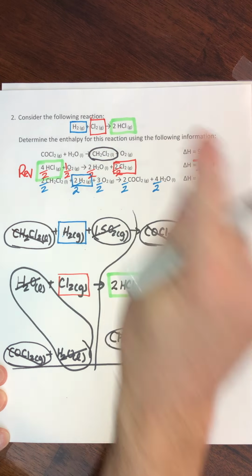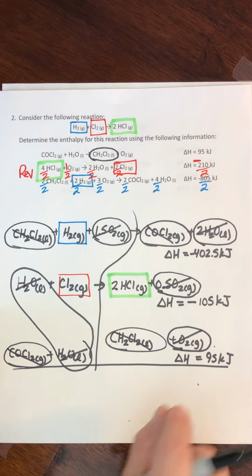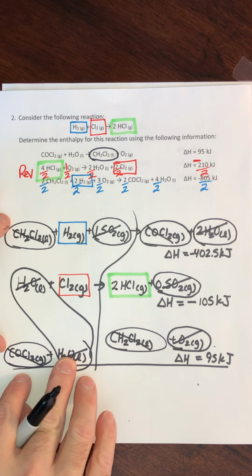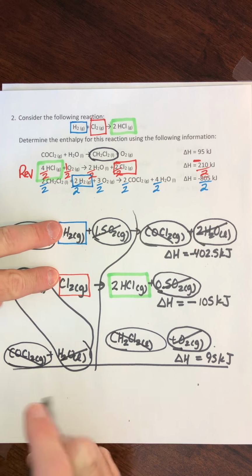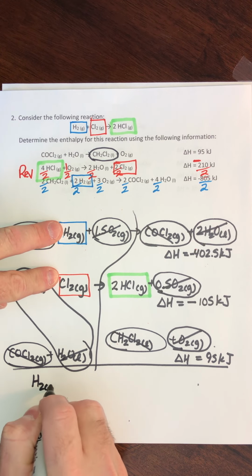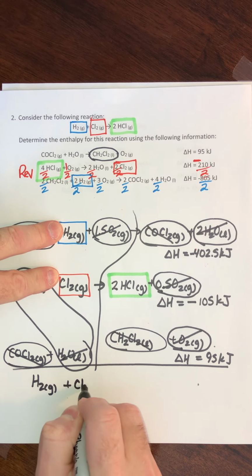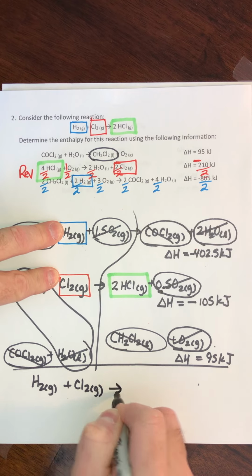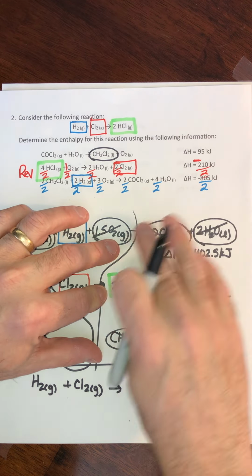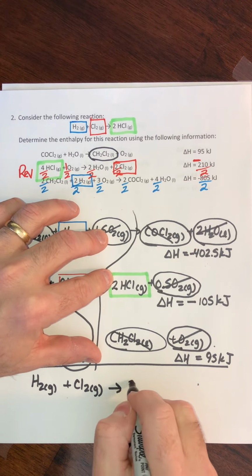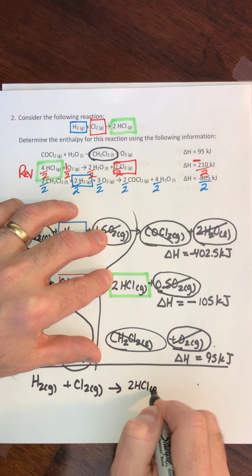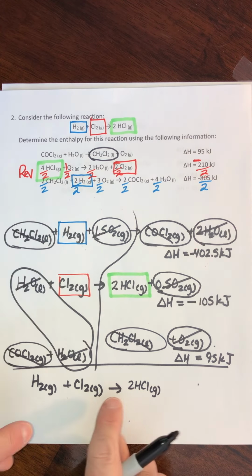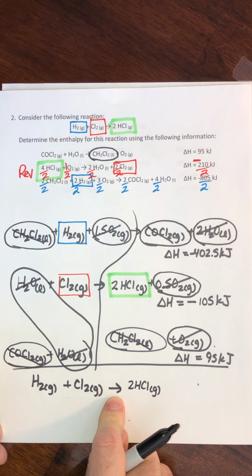No. So if I look at it, everything that needed to cancel here did. The only 2 things left are the H2 gas and the Cl2 gas. On the product side, everything canceled except for the 2HCl gas. And this is exactly what I wanted.